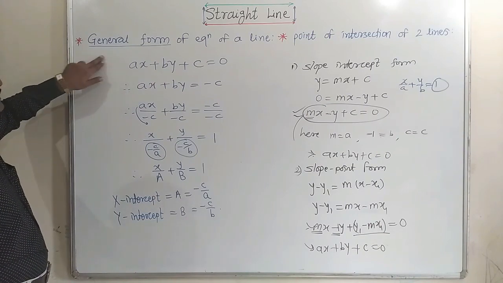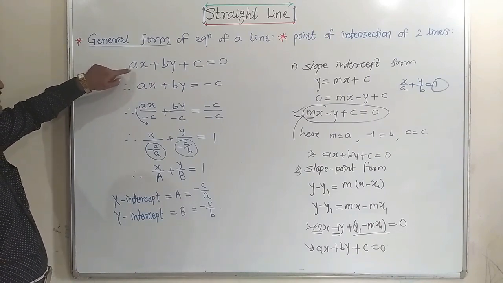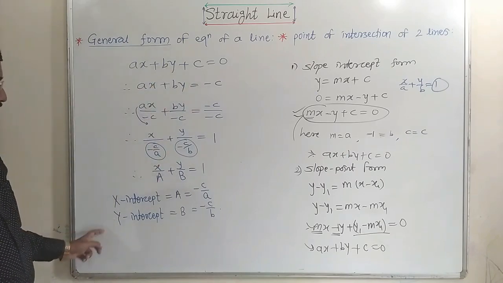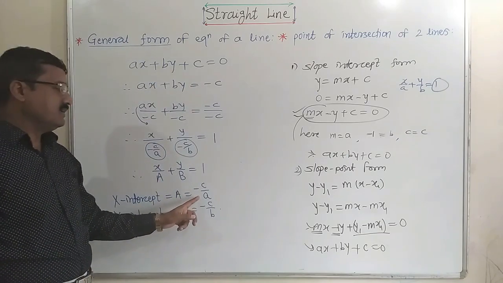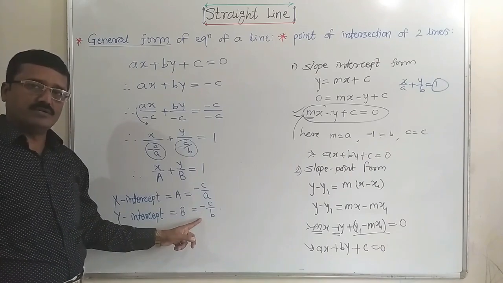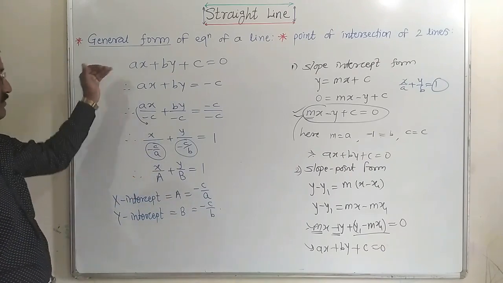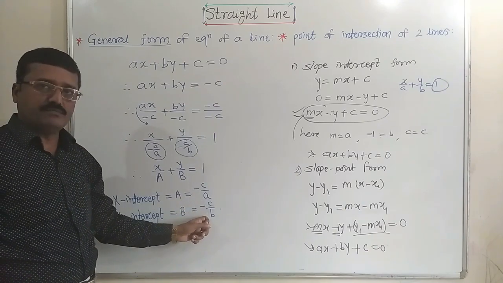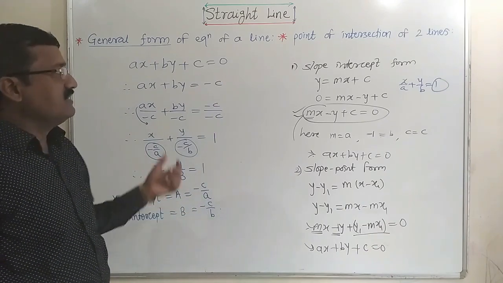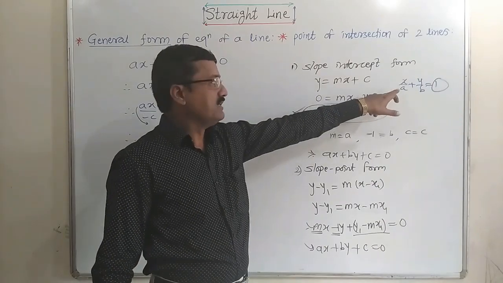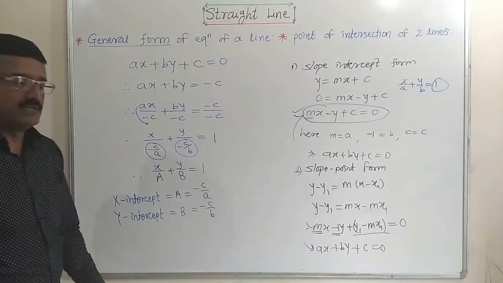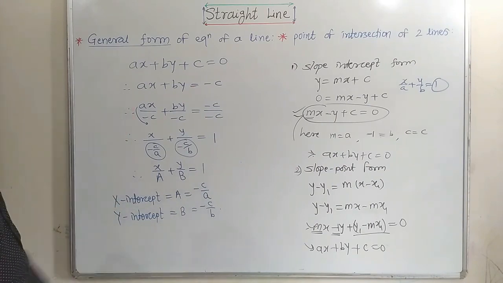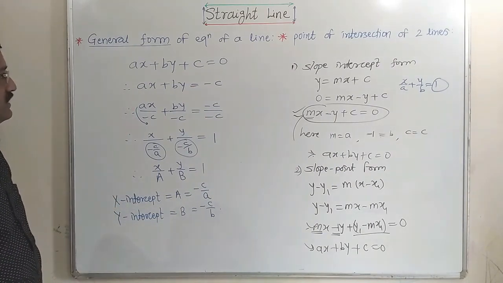But whenever we are taking general form of equation of line, and in that equation already we are using small a, b, c, that's why our x-intercept and y-intercept are capital A and B, but they are minus c upon a and minus c upon b. Whenever equation is in general form, x-intercept is minus c upon a, y-intercept is minus c upon b. And if equation is already in double intercept form, then x-intercept is a, y-intercept is small b. Okay, remember that difference in x-intercepts and y-intercepts.